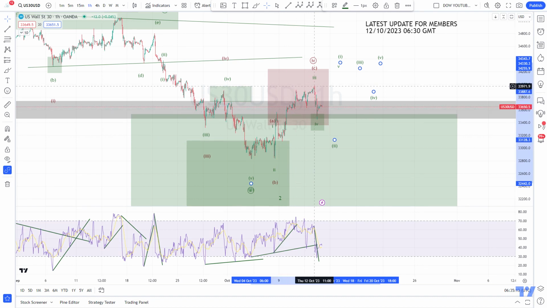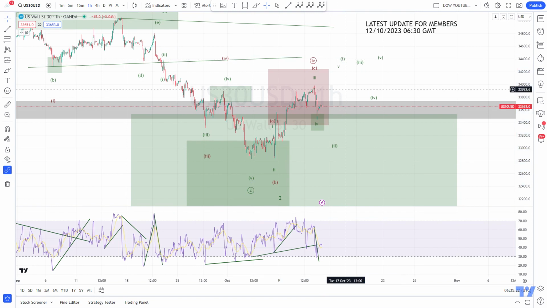And these are not, in my opinion, 5 waves as being part of this wave 1 here to the upside. So this means that so far we only have 3 waves, in my opinion. So 1, 2, 3 in the bullish scenario, where we should see a 5th wave.